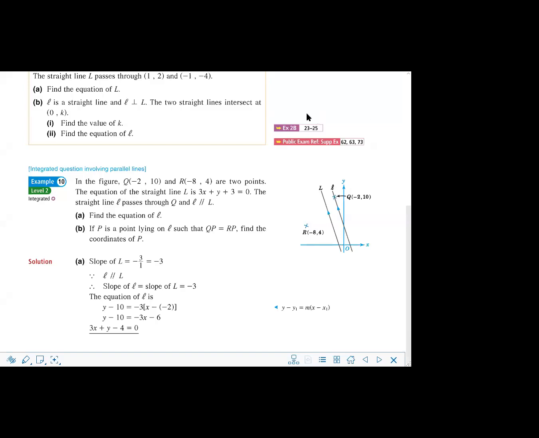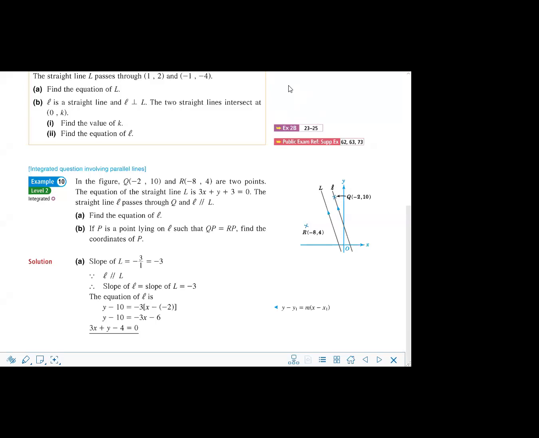So last week we were talking about the equations of straight lines, okay? And so we have two directions. The first direction is the question asks you to find the equation of the straight line, okay? And you need to gather the information about a point and the slope of the straight line.